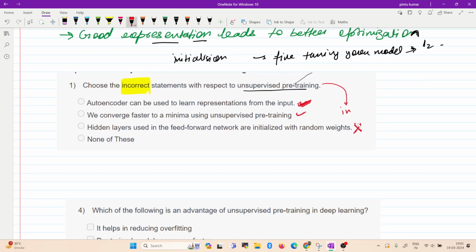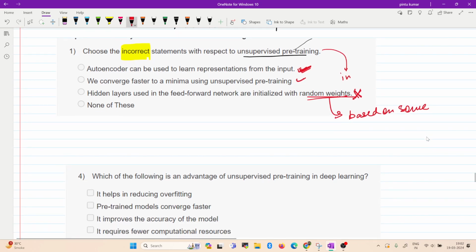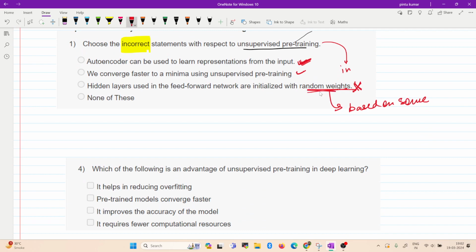So this option is incorrect. They are not initialized with random weights, but based on some rule, and that rule is that the intermediate representations are good representations, or we are able to reconstruct back the vectors. That is the rule that we have to follow. So they are not random weights, but they follow some rule.